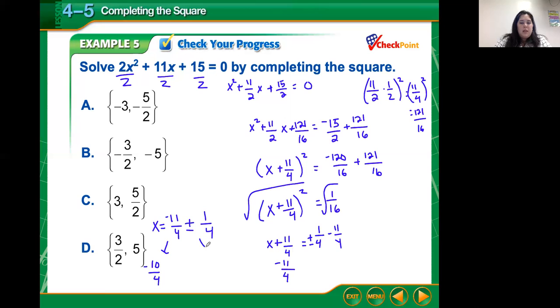If we do the minus, we get negative 12 over 4, which is the same thing as negative 3. Negative 10 over 4 is the same thing as negative 5 over 2. So our answer is A.